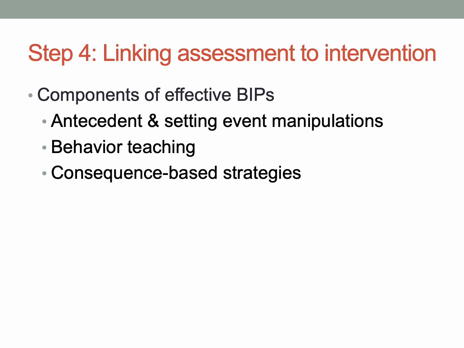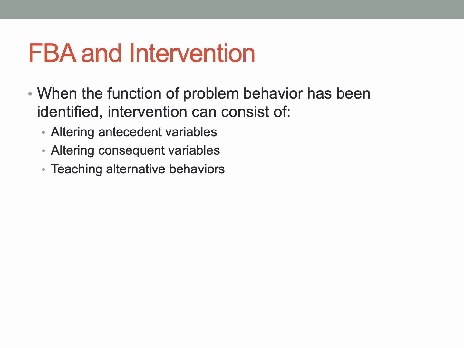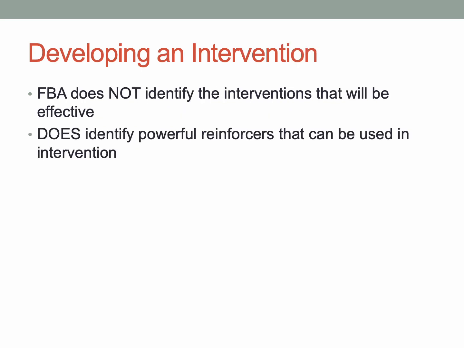So you will identify several intervention strategies under A, B, and C, which means you can alter antecedent variables so you can prevent the problem behavior from occurring. You can also alter consequence variable, and you can directly teach alternative but appropriate behavior. So you don't want to see problem behavior occurring.